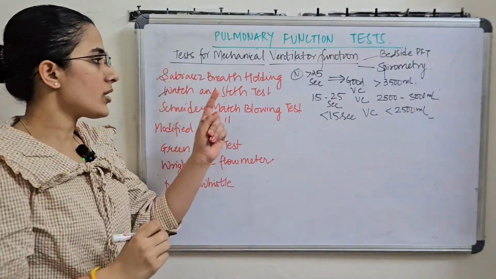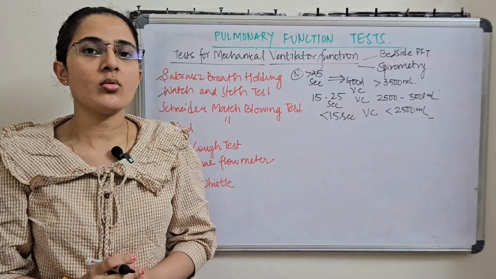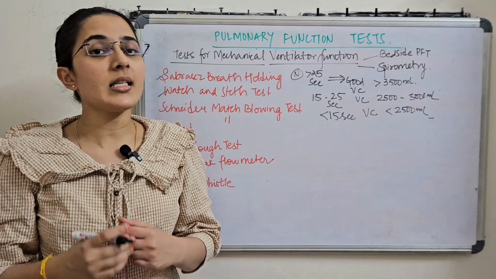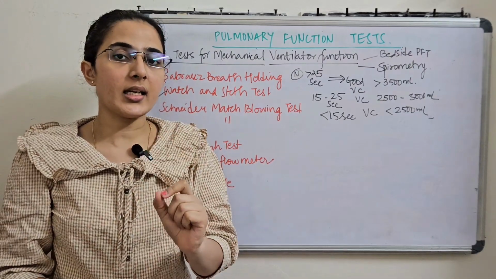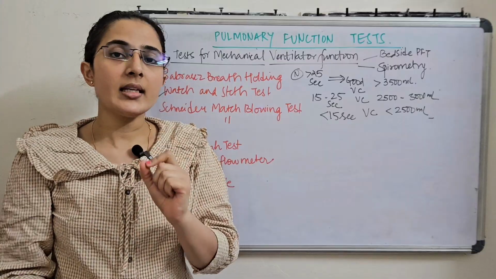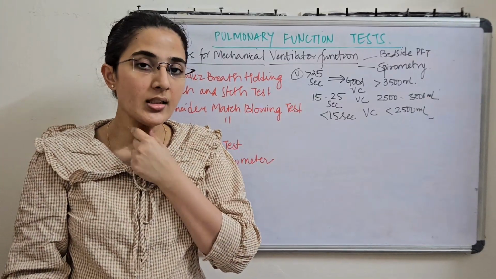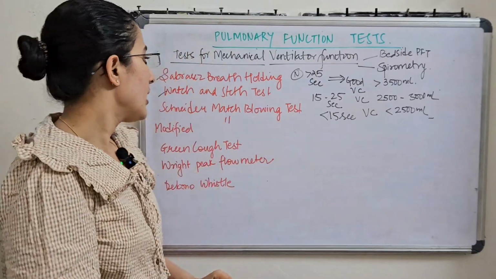Second is the watch and stethoscope test. So in watch and stethoscope test, you ask the patient to take a deep breath and exhale it as fast as possible. So we have to count the number of the seconds within which the air is exhaled. So we keep the stethoscope over the trachea and count the number of seconds within which it is exhaled, right?